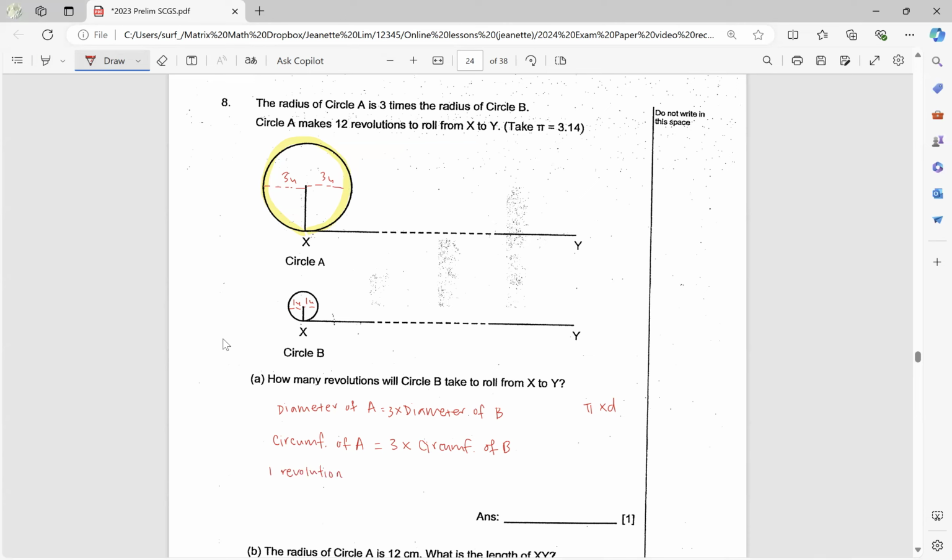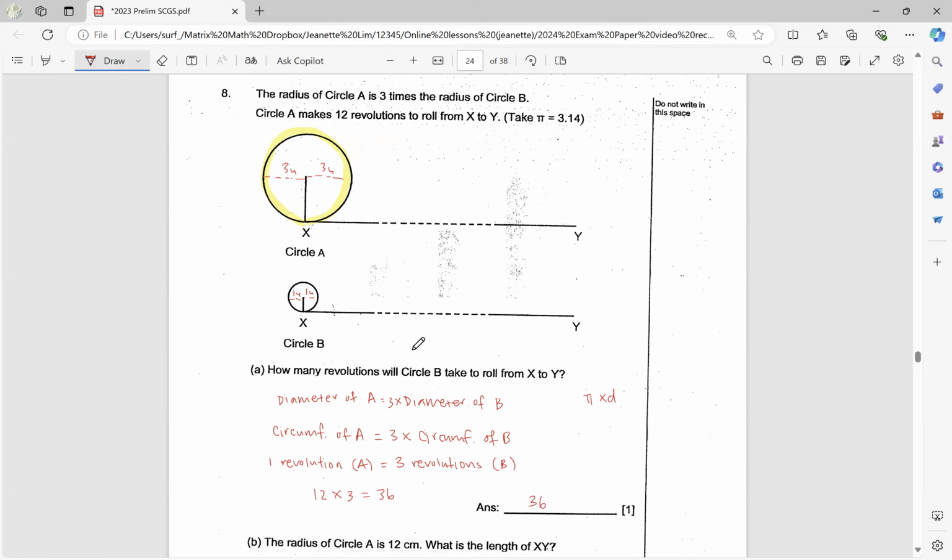One revolution for A is actually 3 revolutions for B. So if A makes 12 revolutions, then B will have to make 3 times as much. So 3 times 12, answer 36 revolutions.